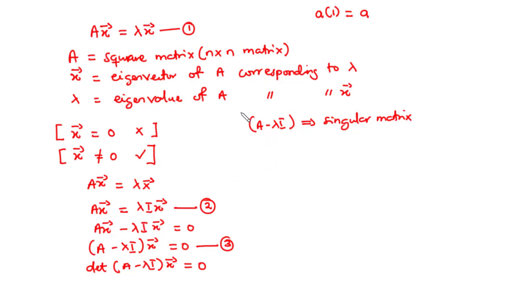Also, the determinant of this matrix, that is the determinant of A minus lambda I, gives rise to a polynomial, and we call this polynomial the characteristic polynomial.